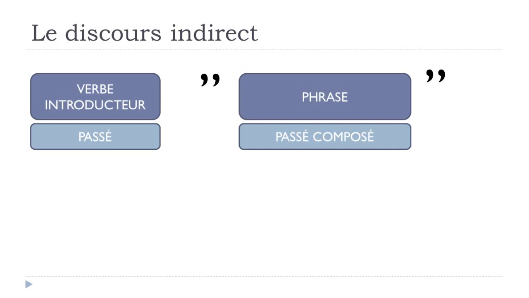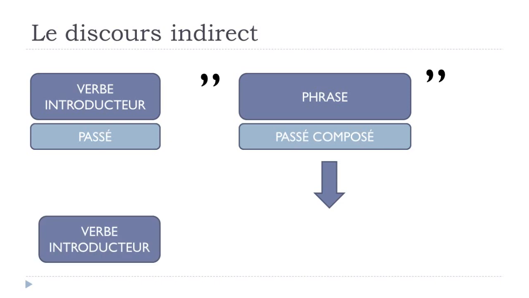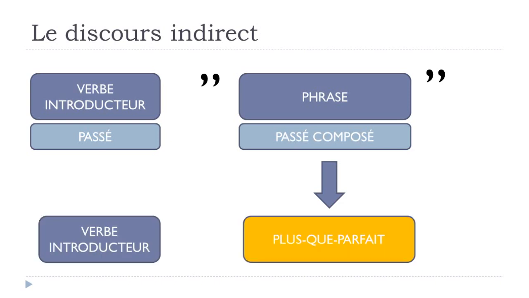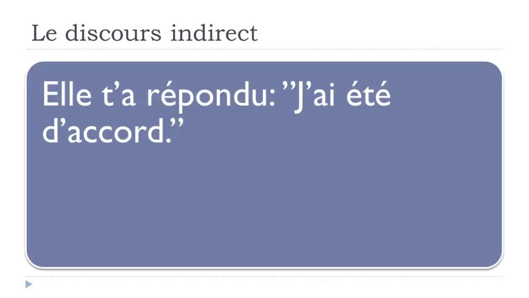and we've got in the second part le passé composé. Well, of course, the first part will stay the same as we saw, but then this passé composé form will become plus que parfait. And let's have a look. Elle t'a répondu, j'ai été d'accord, okay?